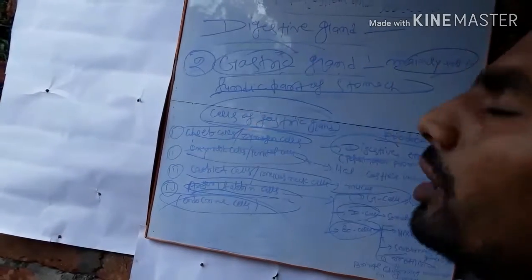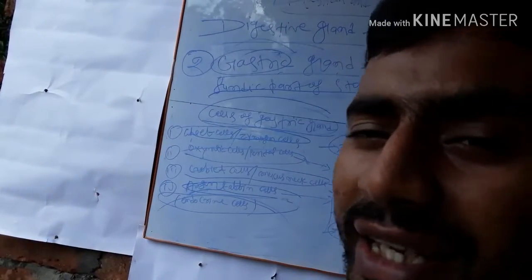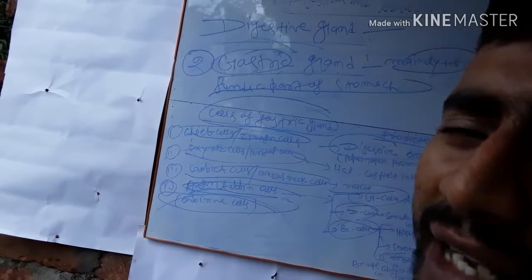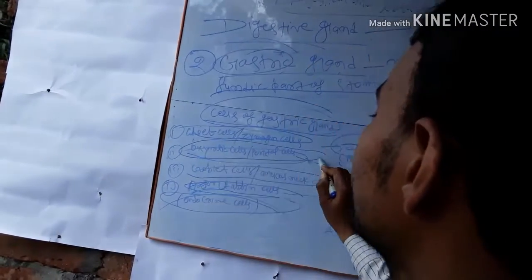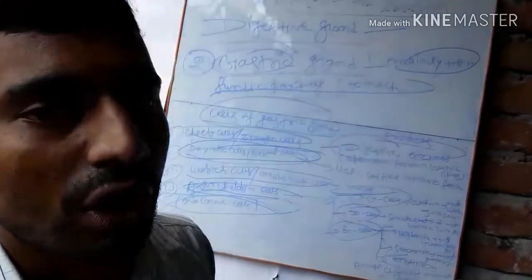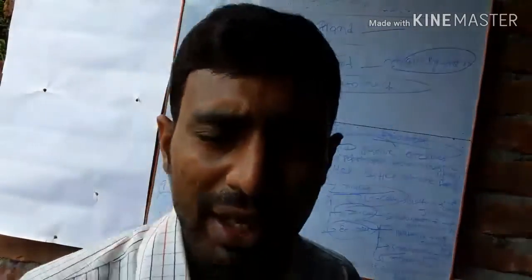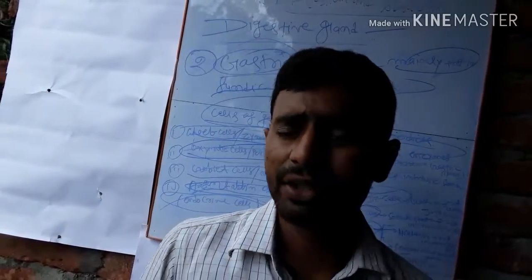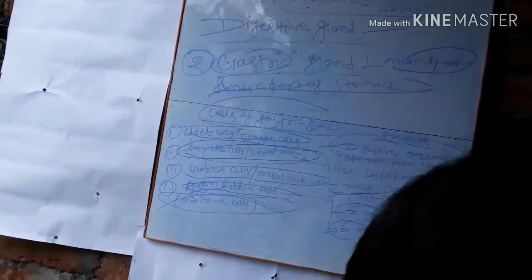Now we will see the function of HCl. HCl is the product of oxyntic cells, also called parietal cells, whose products are HCl and Castle's intrinsic factor. And what is the function of HCl? Now we will see.